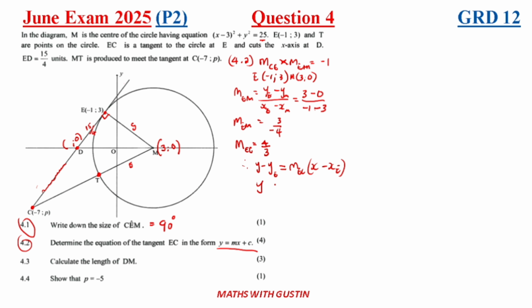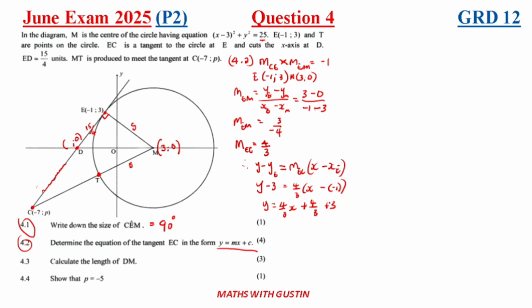So y minus y at E, which is -3, is equal to the gradient 4/3 times x minus -1. Great stuff. So now with this we can simplify. y is equal to, removing the bracket, 4/3x, then it's going to be +1 times 4/3, just 4/3, plus 3.